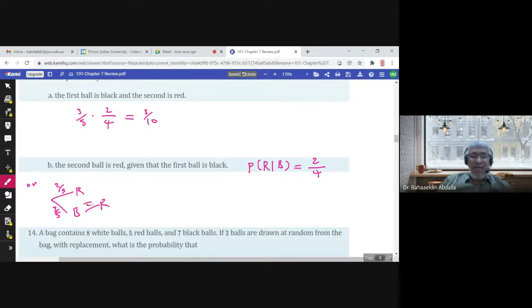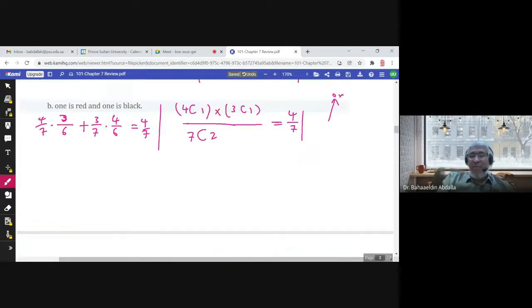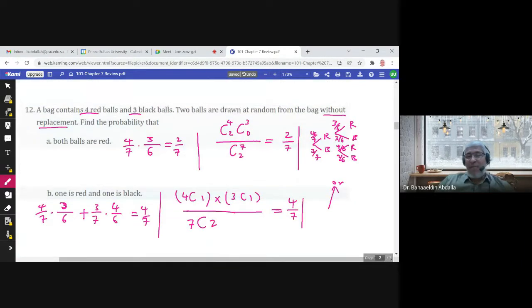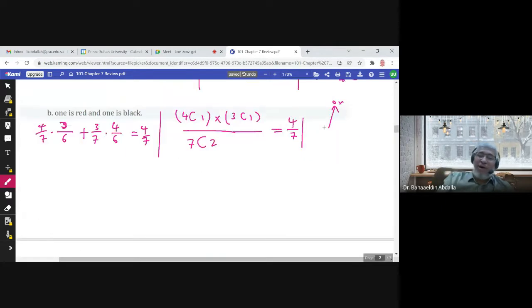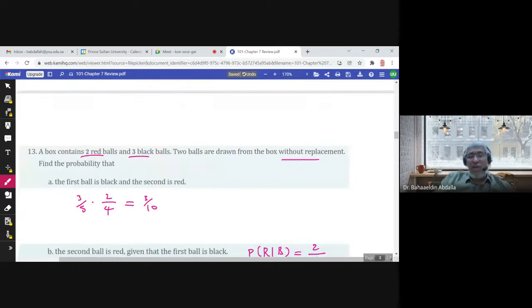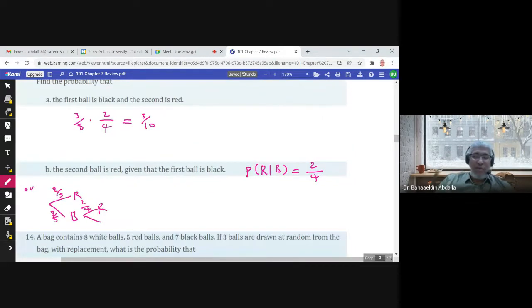Now I still have 4 balls, 2 red. So this probability is the probability of R given B. Remember, in the tree diagram, these probabilities are given probabilities, conditional probabilities. So this is the conditional probability. And he is asking here about conditional probability.